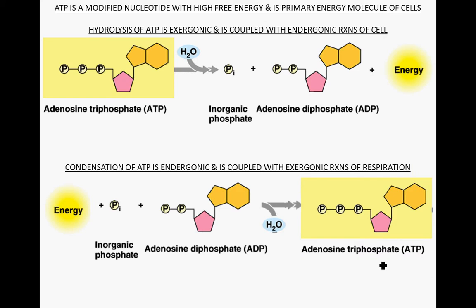So this is adenosine triphosphate, ATP. The stored energy is in the bonds right here between these three phosphate groups. These phosphate groups are all negatively charged, which puts stress on these bonds, so these are high energy bonds.